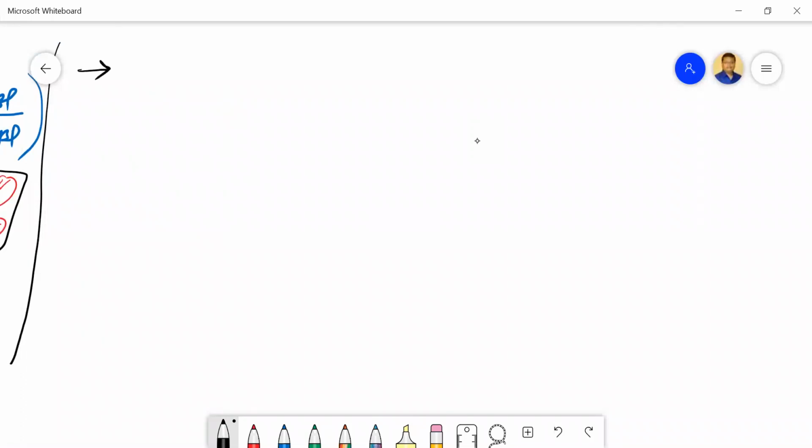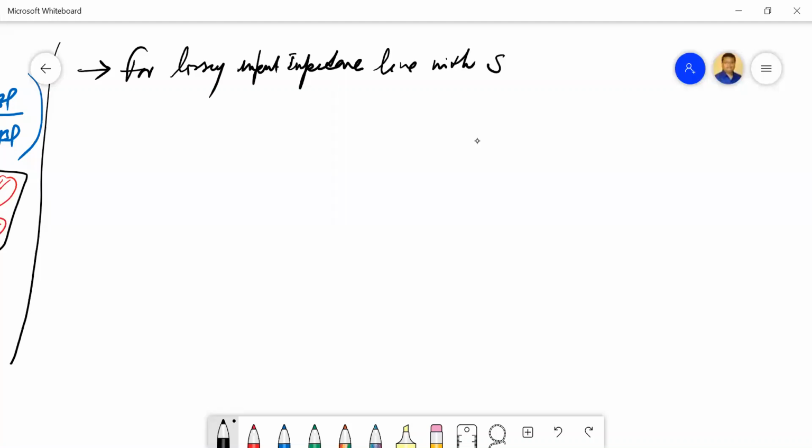Let us start with the input impedance of a lossy line with short circuit termination. This is the case we are going to analyze.